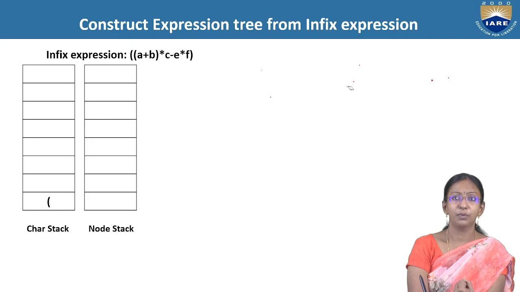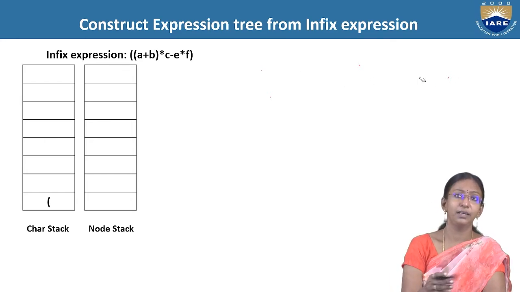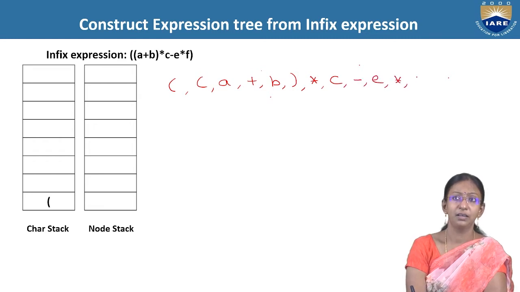Let's start this process, my dears. So first of all, we have an opening bracket. If you divide the given expression, understand guys, the list of tokens is like this: open bracket, open bracket, A plus B, closed bracket, star C minus E star F, closed bracket.